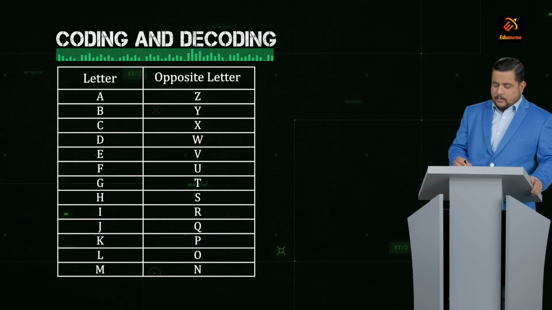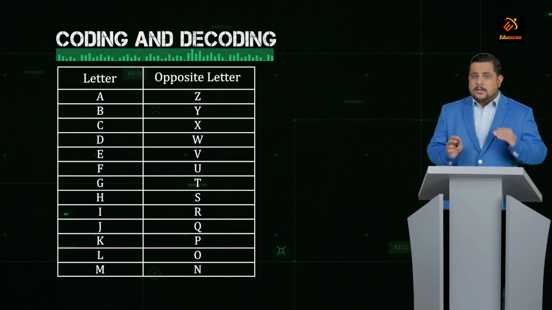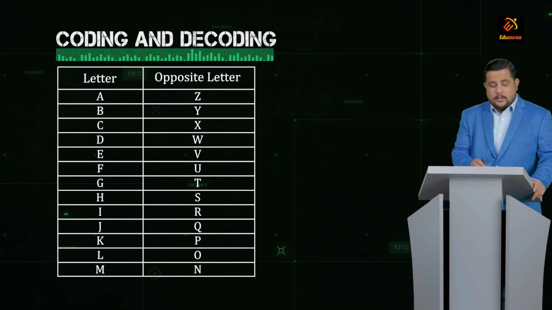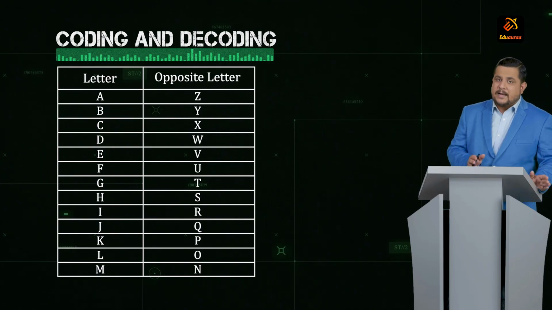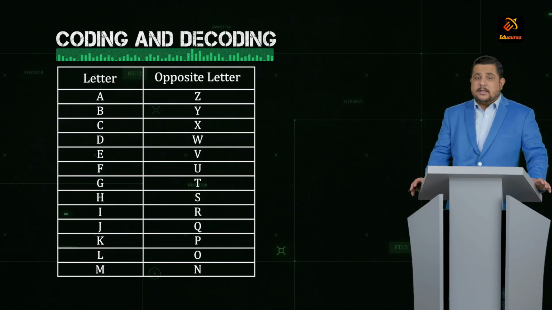The opposite letter of Z, the reverse of Z, will be A, the reverse of B will be Y, the reverse of C will be X. Because if we talk about these letters in general, A is at the start, on the left, because we start from A and end at Z. So we start writing from the left hand until Z, and Z is at the right hand.